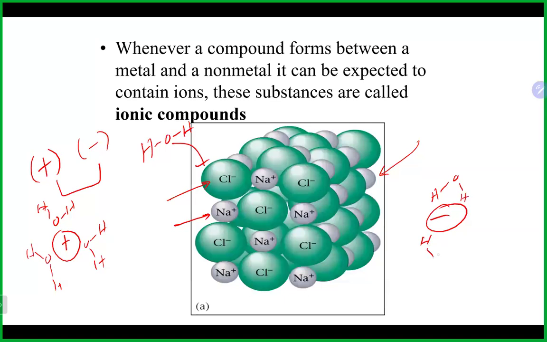By the way, for the negative ion, the hydrogen side of water is attracted to it because hydrogen is more positive in water, and the oxygen is attracted to the positive ion because it's more negative in water.